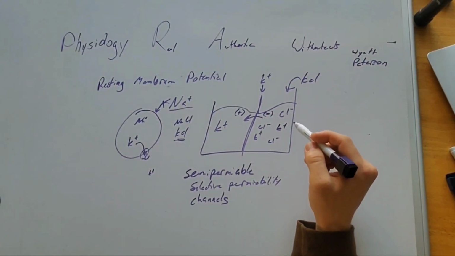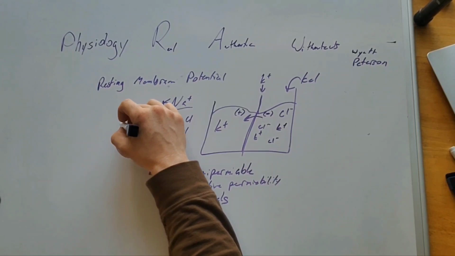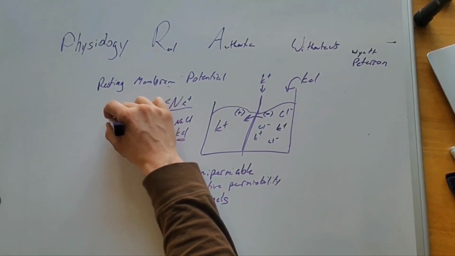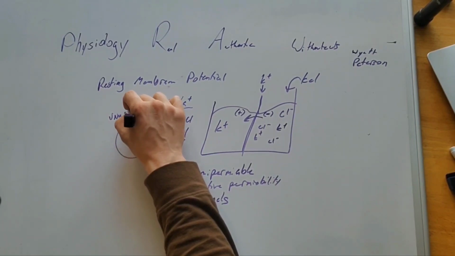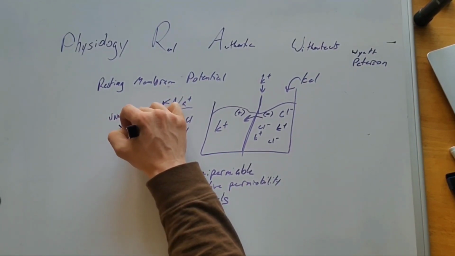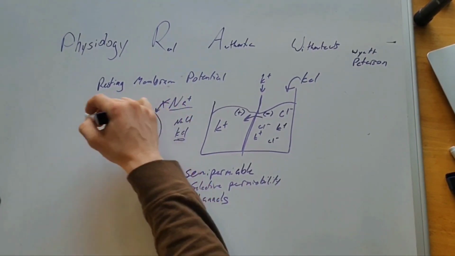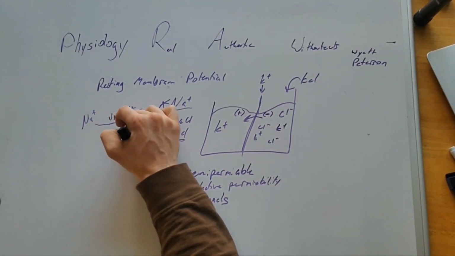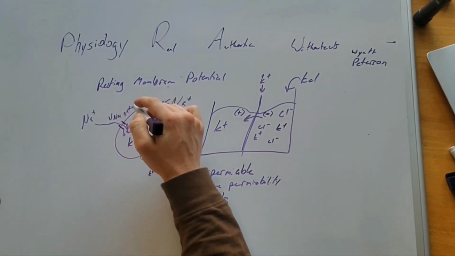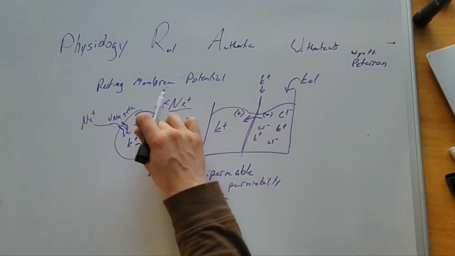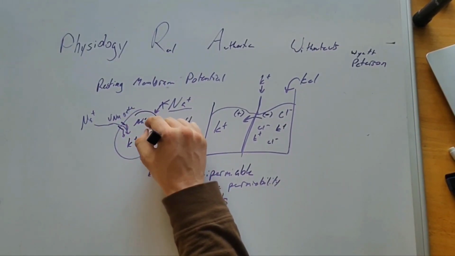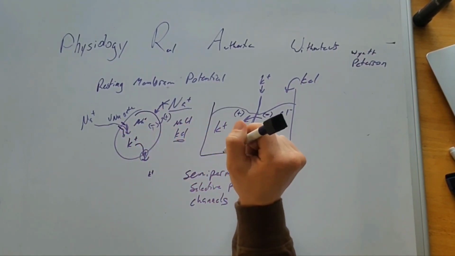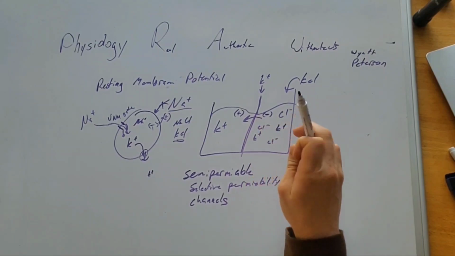Once an action potential is reached, a sodium voltage gate will open for a split second. Sodium will rush in, so instead of negative, the inside of the cell will go up to a positive charge.